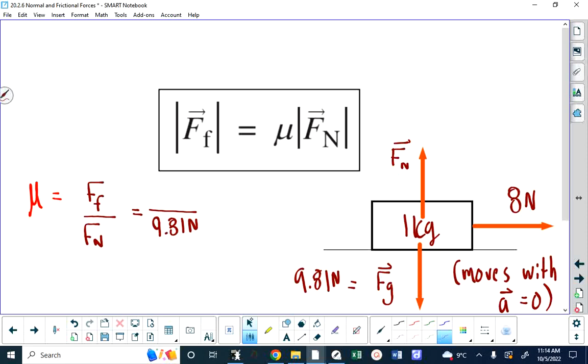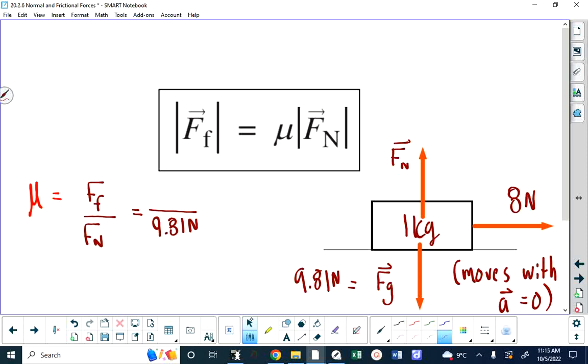Can anybody tell me what the force of friction is? Eight newtons. Why? Right. The force of friction is opposite, and it's not accelerating.